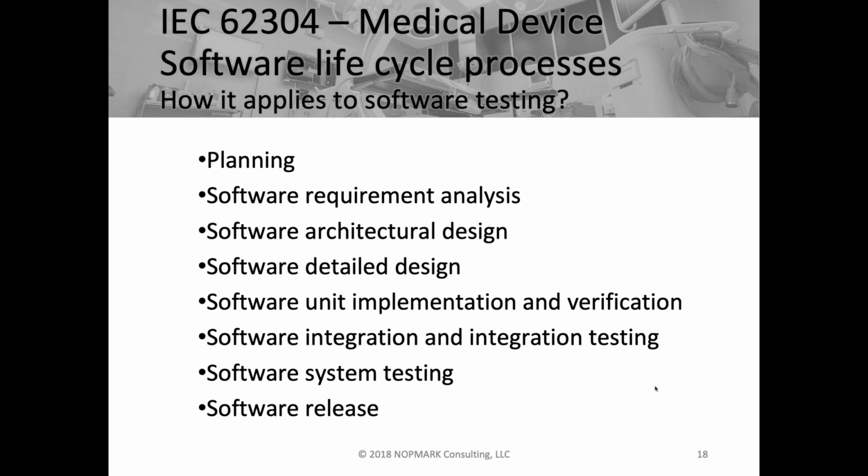The other deliverable from this process is called a software architecture. It is required that you create a software architecture design that talks about interfaces and other aspects of the software architecture. And depending on your safety classification, you have to verify that architecture. There are different ways you verify it based on your safety classification.